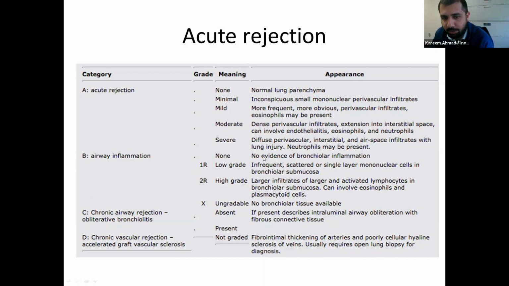Now we've talked about 2 of the compartments, the vascular space and the parenchyma, but what about the airway? Similarly, blood vessels that are supplying the airways can also be a source for the immune system to enter into the airway and similarly cause an immune reaction or rejection.